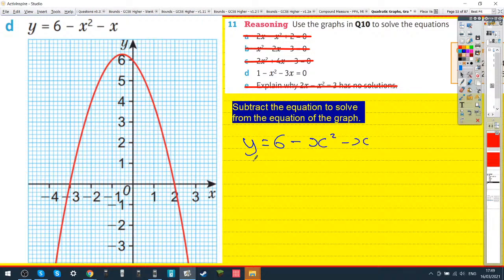And then the equation to solve, how can we line it up? It'd be 0 equals 1 minus x squared minus 3x. Yep. And okay. One, take away the other. What are you left with?